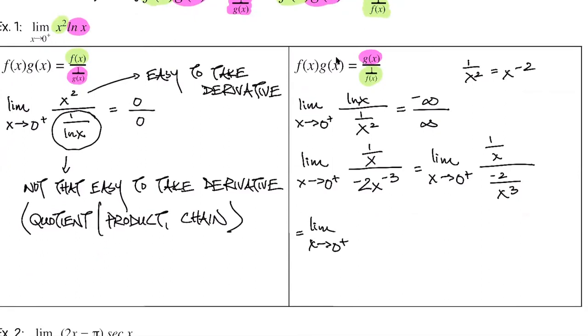And so when we do that, we're going to end up with x cubed over negative 2x, or negative x squared over 2. And now if we plug in 0, we're going to get 0 over 2, or we get a final answer of 0.